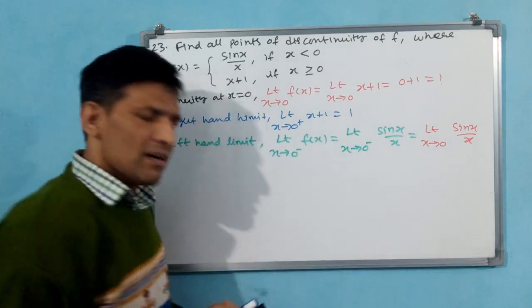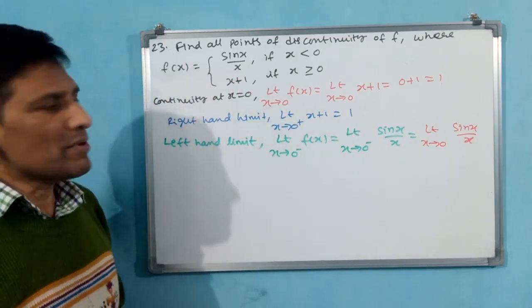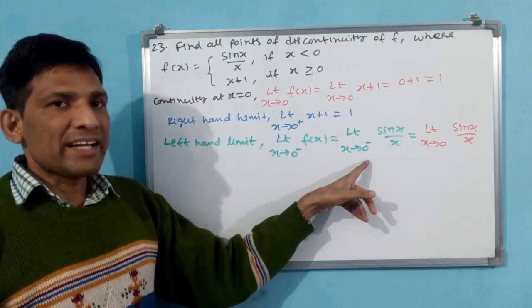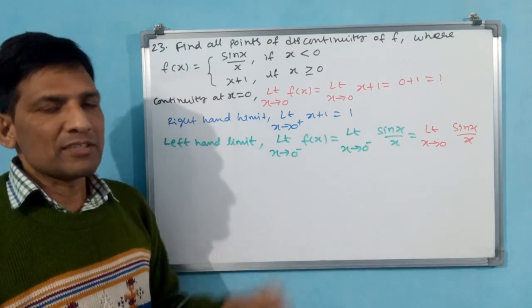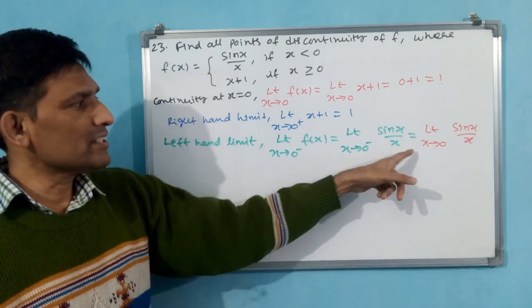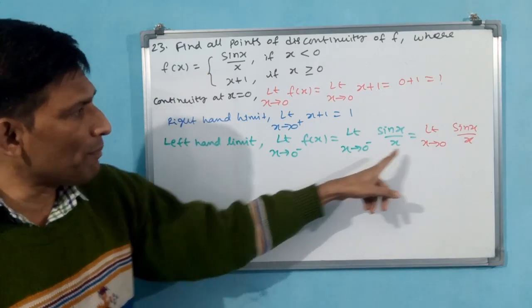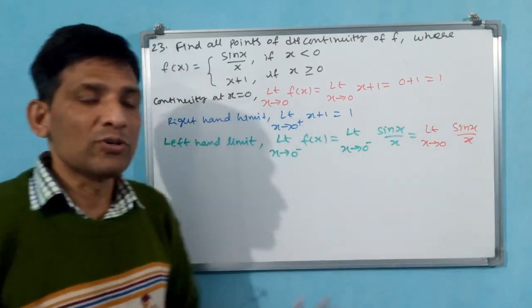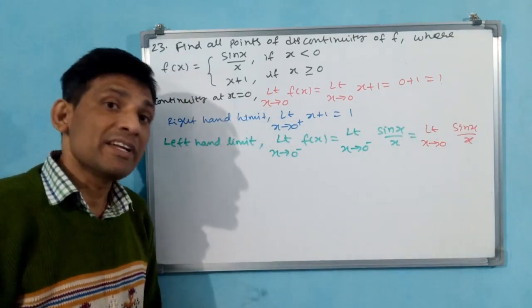Is it correct? 100% correct. Why? Because if 0 minus creates any problem in division or something, then you are not going to write 0 minus. But here it is not going to create any problem. Even if you apply it like 0 also, limit x tends to 0 of sin x by x, we know the value. As per the sandwich theorem, it is 1.